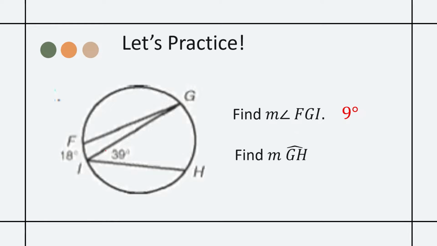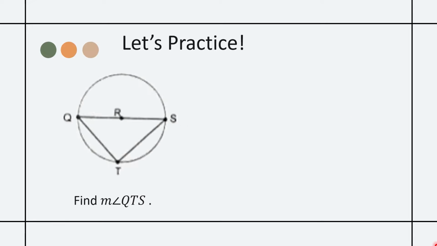Now, since this is an inscribed angle, according to the first theorem, the measure of the inscribed angle is half the measure of its arc. Therefore, para makuha natin ang measure ng arc, dodoblehin natin ang measure ng angle. So, we have 39 times 2. The answer is 78 degrees. So, arc GH measures 78 degrees.